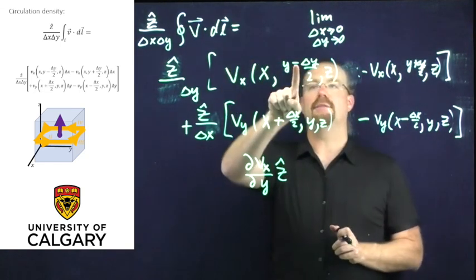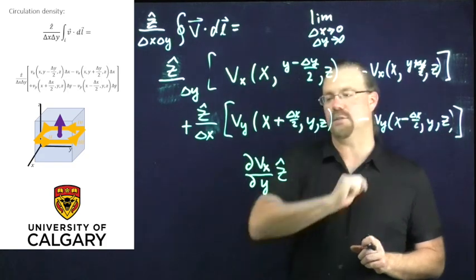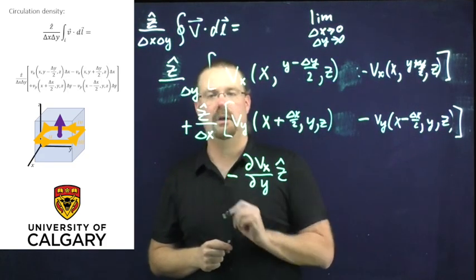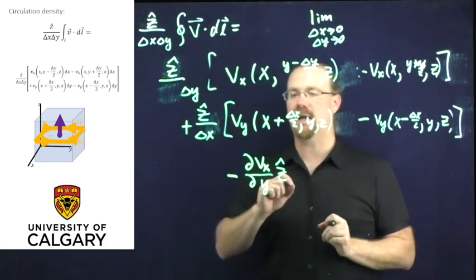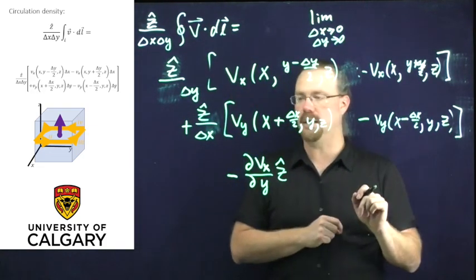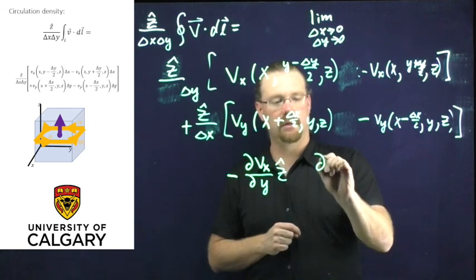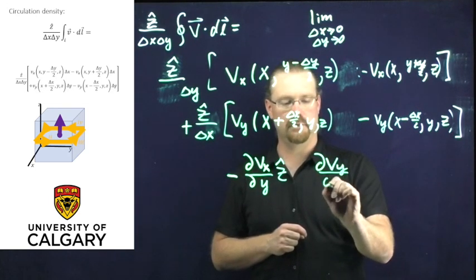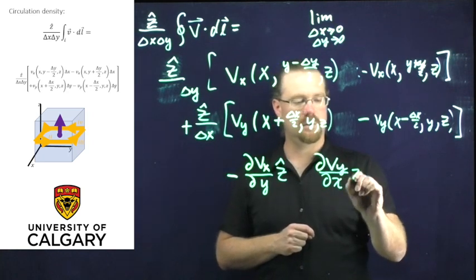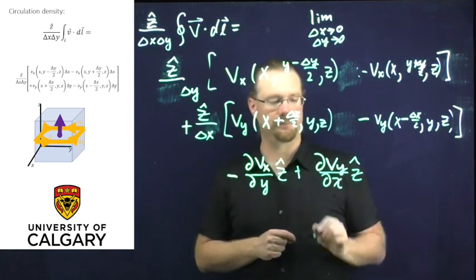But because we have the minus minus the plus, this is actually a negative partial derivative. On this one, we wind up having the plus minus the minus, so this winds up being the positive partial derivative with respect to x, pointing in the z hat direction.